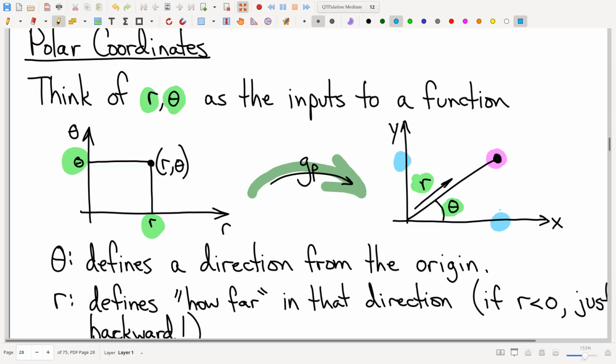So r and theta go in, x and y come out. That makes it a function. Why would I want to think of it as a function? Not clear just for the moment, but we will find pretty soon that there's a really good reason. There's an integration technique that we're going to talk about halfway through the course, for which this is going to be essential. So planting the thought now.